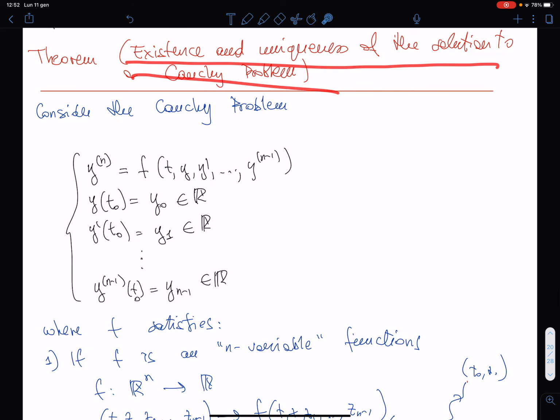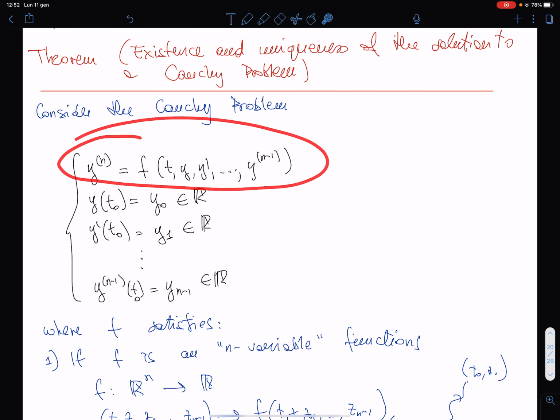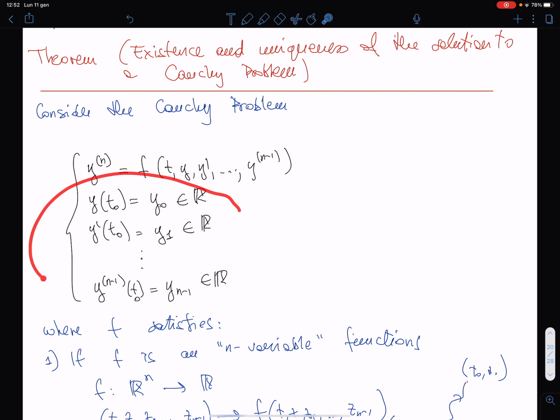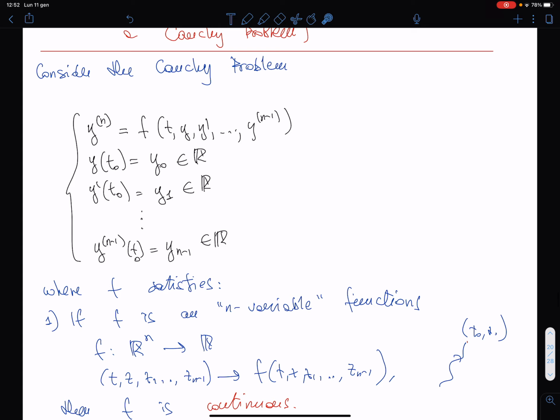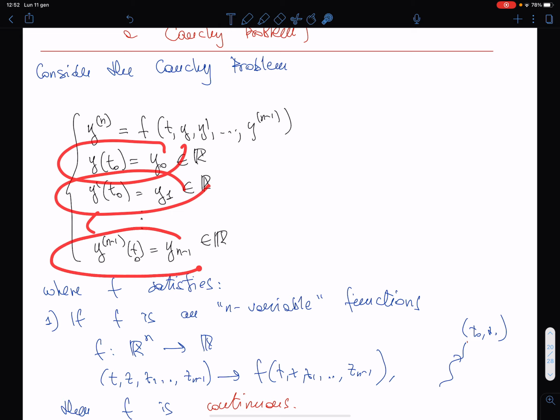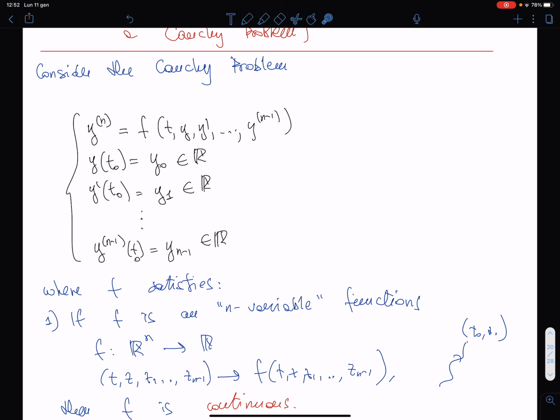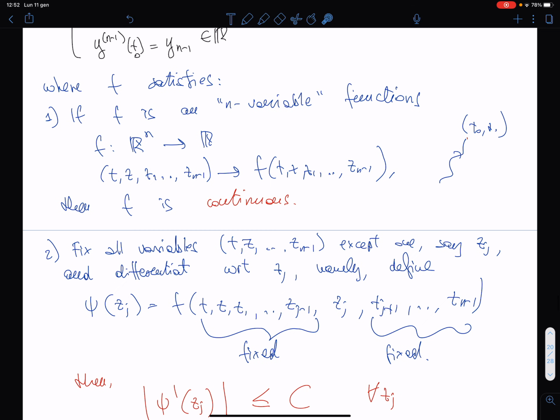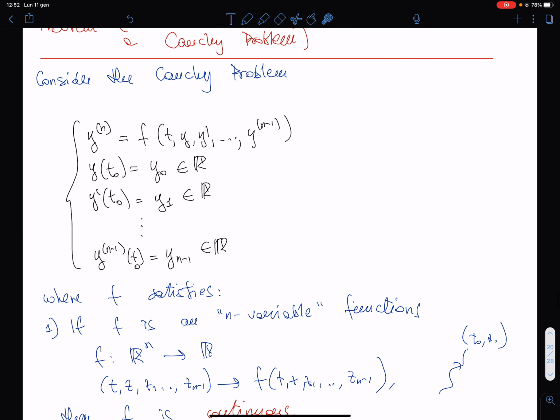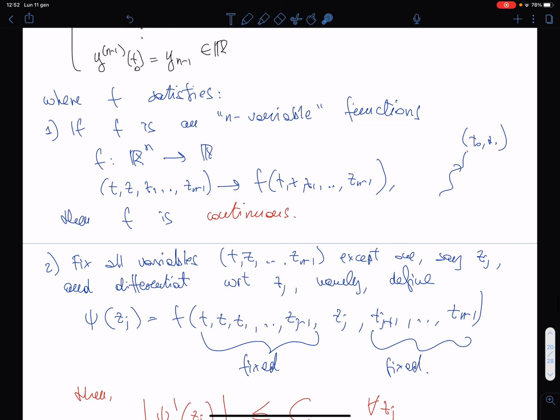And so we have a Cauchy problem: an n-th order differential equation, then n initial data in the correct way, all at the same time, one for the function, one for the first derivative, up to the (n-1)-th derivative. And then there were two conditions on f, the function in the right-hand side of the differential equation.